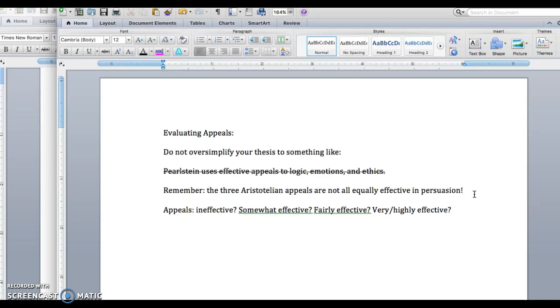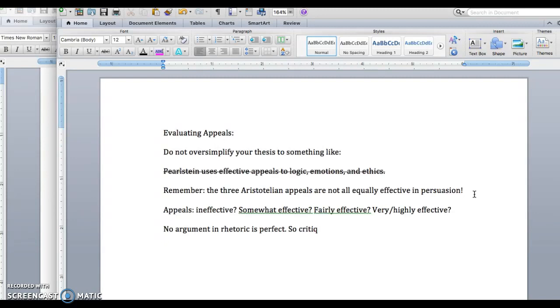So see how there are different degrees to which appeals are effective. Some of your authors, Pearlstein and Gibbs Jr. and Bidwell, don't use every single appeal to the same extent. And as you think about the way they set up their evidence, what is it that makes it an imperfect argument? No argument in rhetoric is perfect.